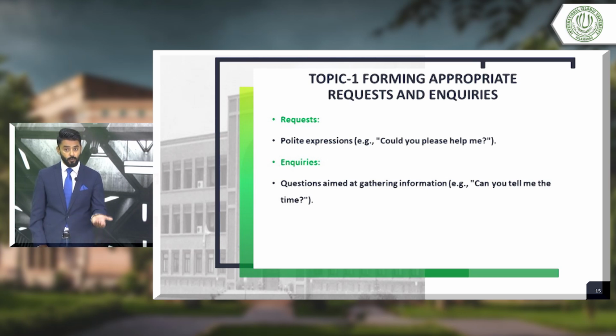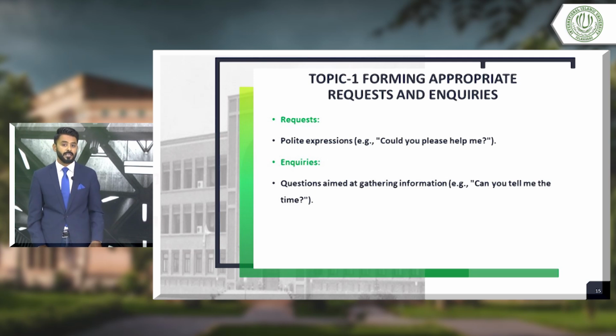In a request, you are asking a question most of the time, not all the time. But that question is not going to be a general question. It is going to be an inquiry or a request if you properly structure it, and we will talk about how to structure it rather than making it a general question.